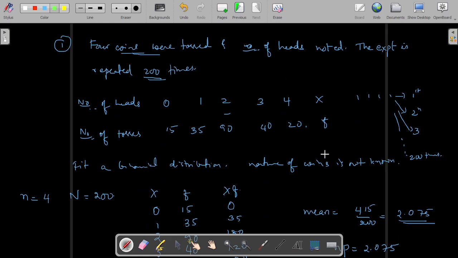So remember, under fitting of binomial distribution to the given data, a collection of data is given to you. That is the observed data. They conduct the experiment, observe the values and write those in tabular form.